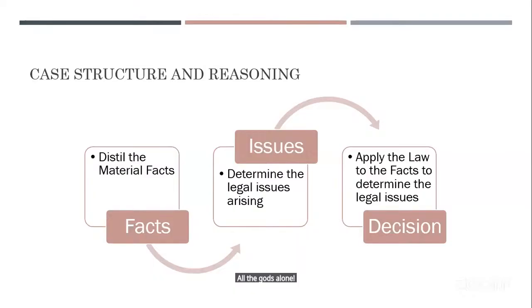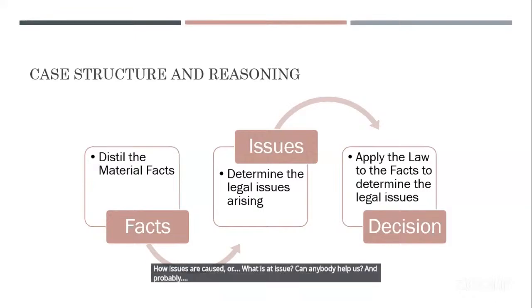And when these issues must have been put forward, there will be need for the court to determine one way or the other. I'm sure you must have also learned how issues are couched or what is an issue. Can anybody help us and probably share an example with us?